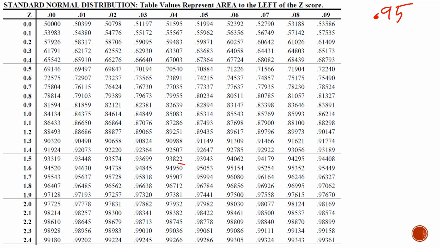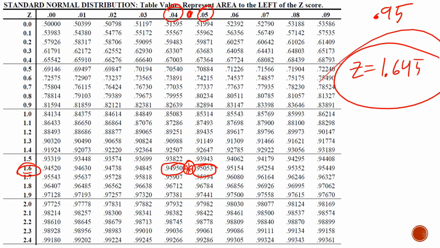I see this number is a tiny bit under it, this one's a tiny bit over it, so right there, that would be the sweet spot, somewhere between. So Z is going to be 1.645, right?